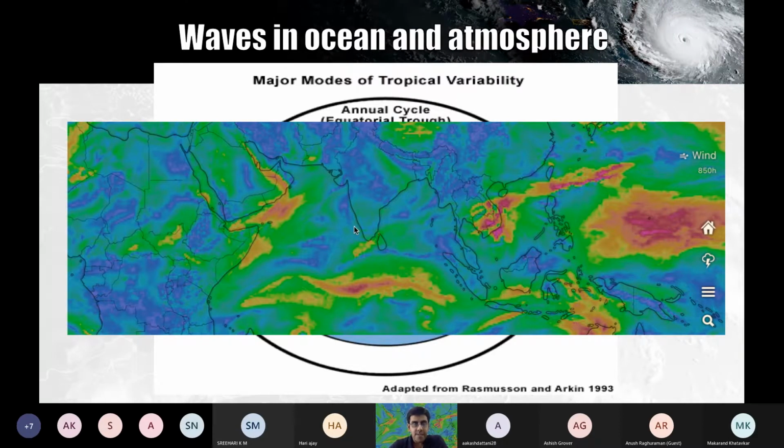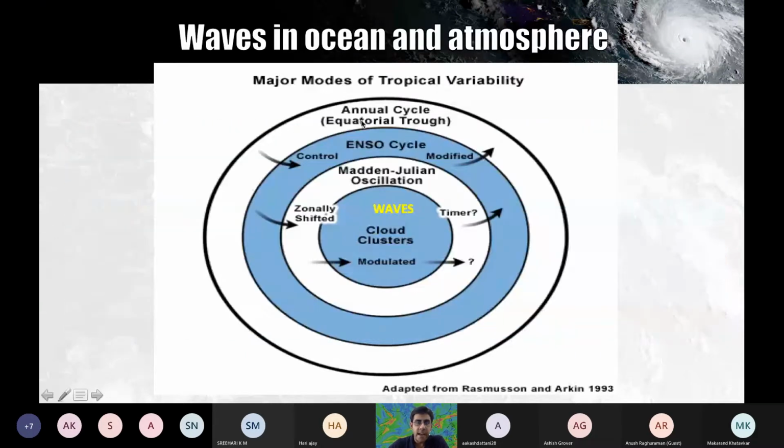Okay, so the waves actually play a very important role in controlling large scale activity like cyclones. And the other reason the waves are important is because of the absence of any major tropical variability. For example, ITCZ varies from weak to strong. Sometimes it's very strong because the winds converge very strongly from the northern and southern hemisphere.